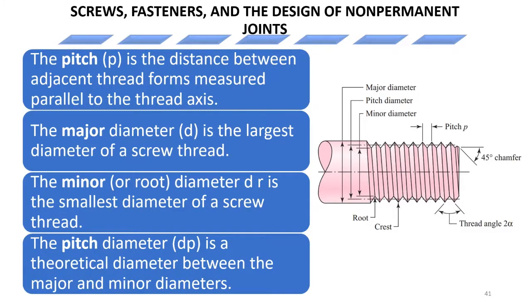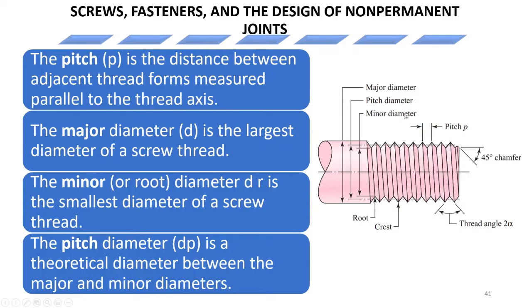There are some terms in screws that we are going to look at. The first one here is the pitch of the screw. When you look at this diagram, the pitch of the screw is the distance from that point to that point.